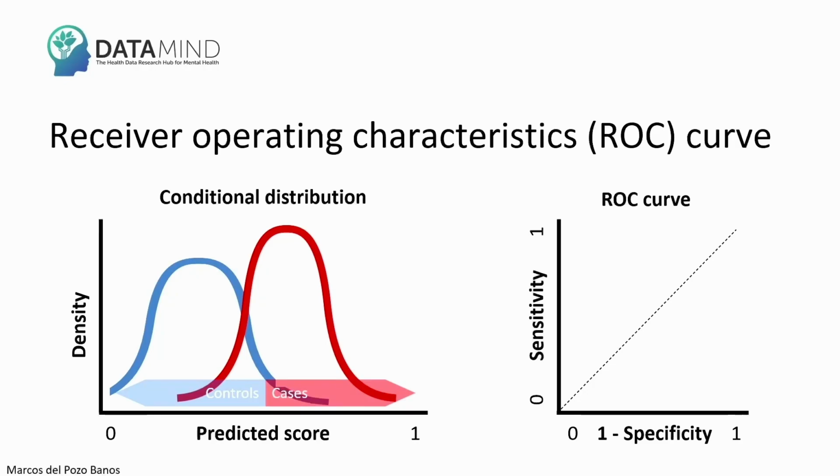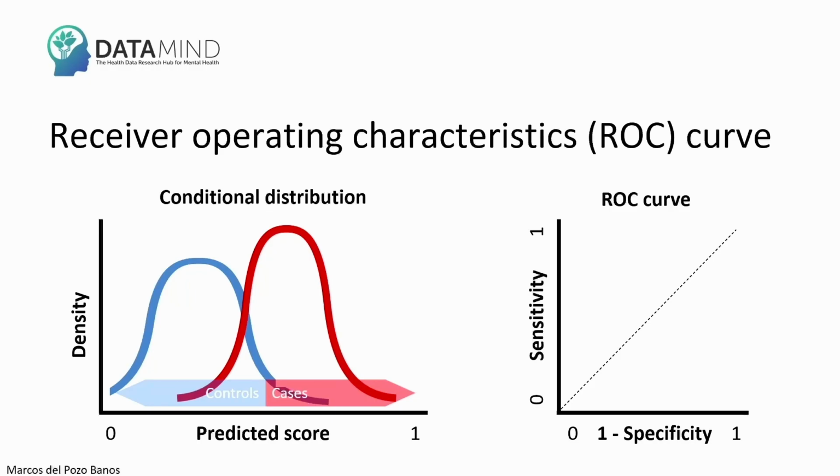We can also extract information about how well the model behaves by analyzing the scores rather than the classes themselves, so before binarizing the score. And this is where the receiver operating characteristic curve, or the ROC curve, comes from. On the slide, on the left-hand side, you can see the conditional distribution of classes with respect to the predicted score.